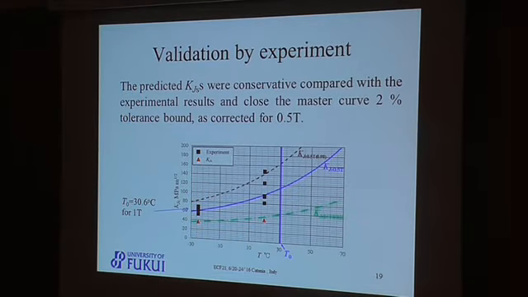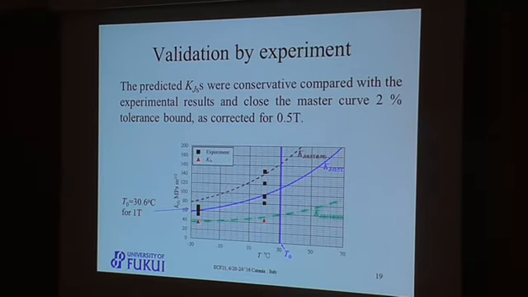We see from this figure that the predicted KJSs were sufficiently conservative compared with the experimental results and close to the 2% tolerance bound values.